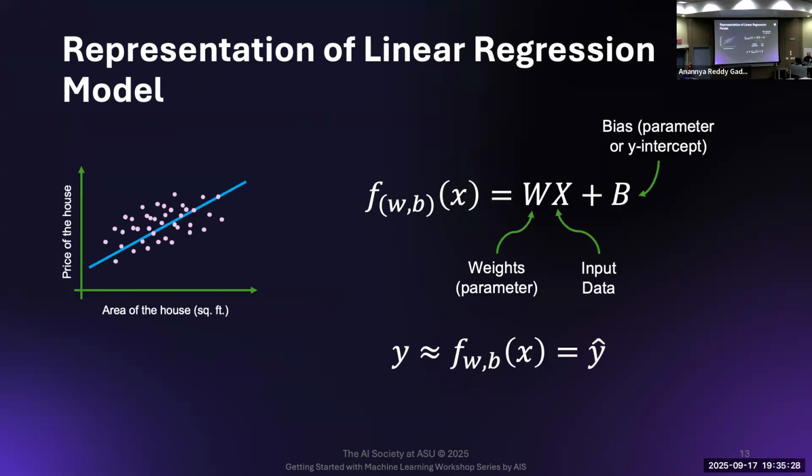We're basically finding the difference between them and squaring it. y is the actual price and y hat is the predicted price. y hat is the line, so once you have this line, you can fit the area into this equation and get the y hat value. This is nothing but y hat. Any other question?